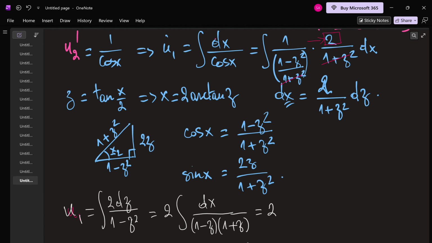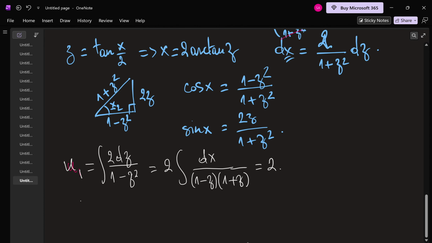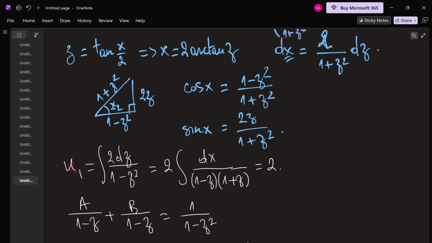Now you use the technique that I have told you. So you should get something like this: a over 1 minus z plus b over 1 plus z is equal to that guy here, which is 1 over 1 minus z squared.